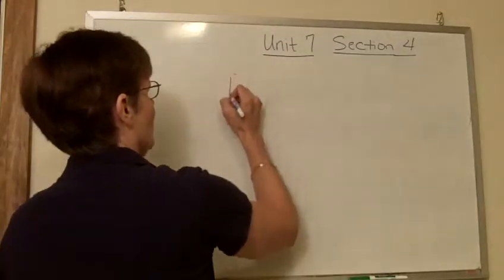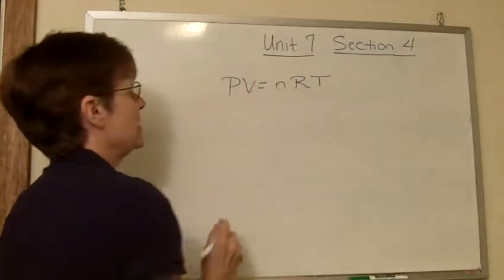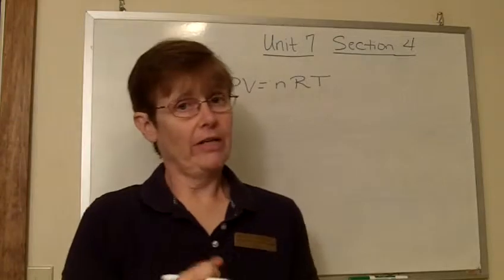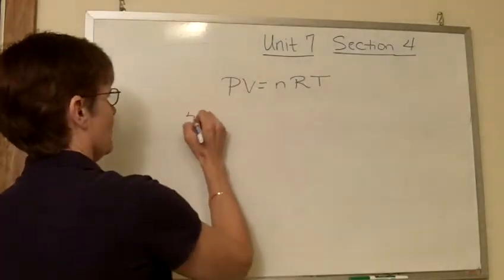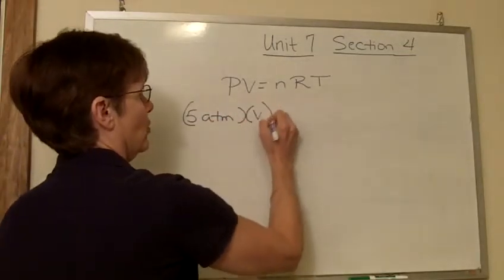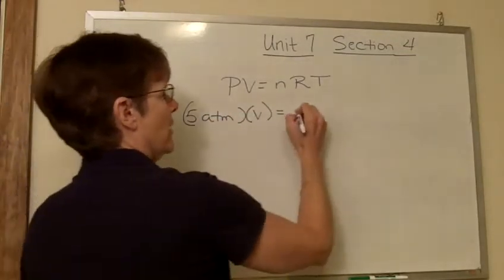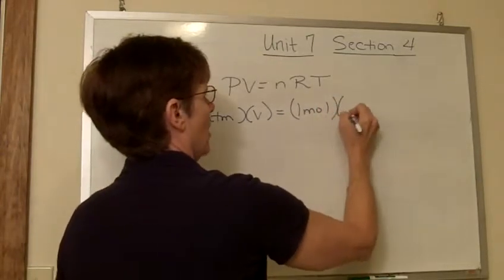So let's go back to our PV equals nRT and say that our pressure in our lab, we are always using 5 atmospheres of pressure. And we want to know what's the molar volume then. And again, we only care about 1 mole for this particular calculation. R doesn't change.